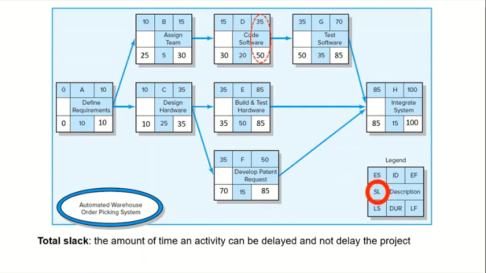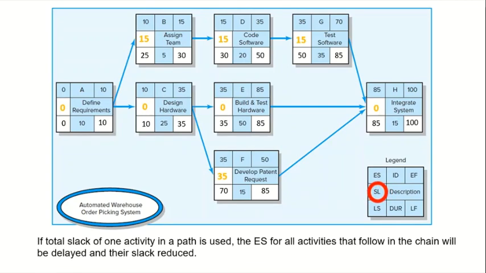For example, the total slack for activity D is 15 work days, and so forth for those of other activities. But remember, if the total slack of one activity in a path is used, the ES for all activities that follow in a chain will be delayed and their slack reduced.